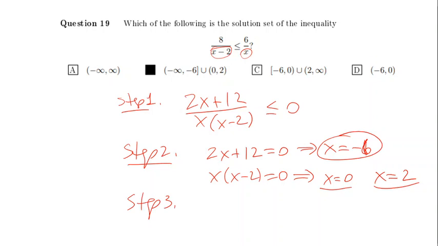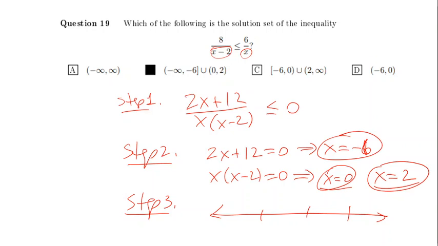Step 3, you take these and put them on the real line. So minus 6 is the least, so minus 6 we put, then 0 comes, then 2 comes, and now we take points for each interval.